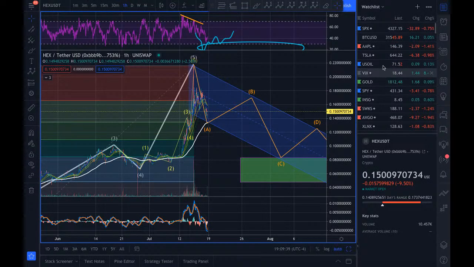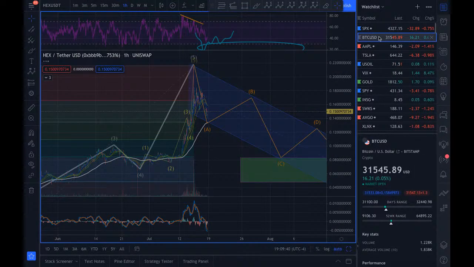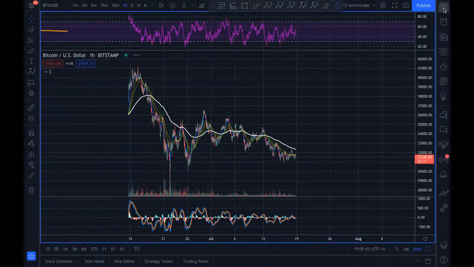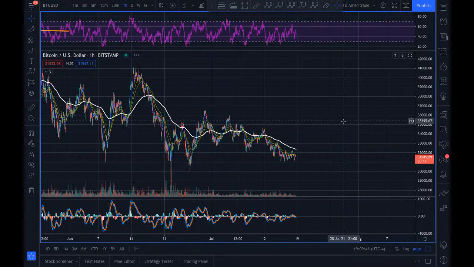I think I have Bitcoin already somewhere, but if it's going to be slow like this, then never mind. That's too long. I'll check it out on this chart.